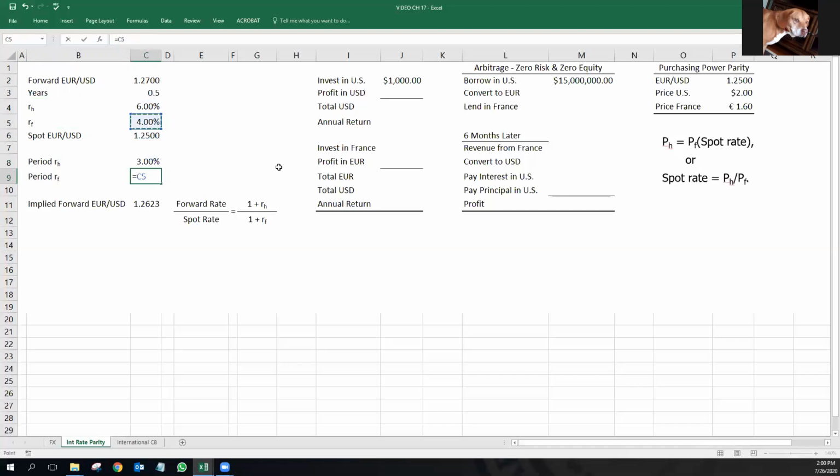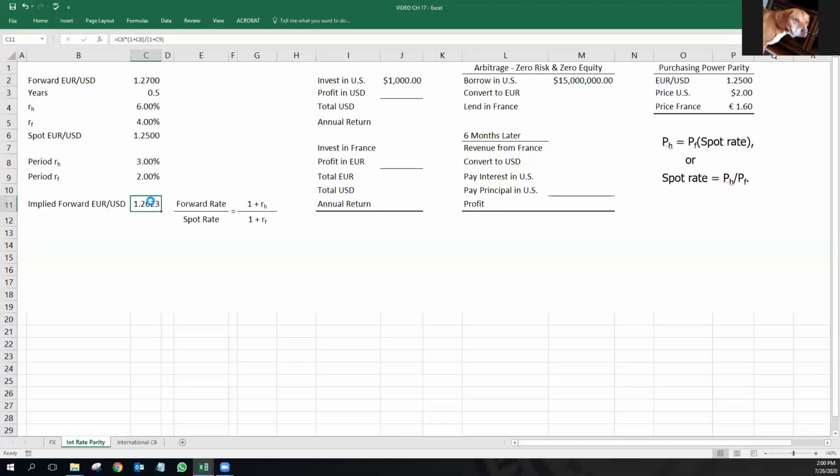Same thing here, the 4% of France times half a year. Or you can divide by 2. That's the 6-month period rate. It could be quarterly, every 4 months, weekly, monthly, whatever. It just depends on your forward contract, the time you have to wait to get that rate.